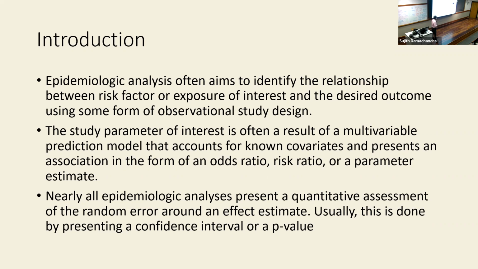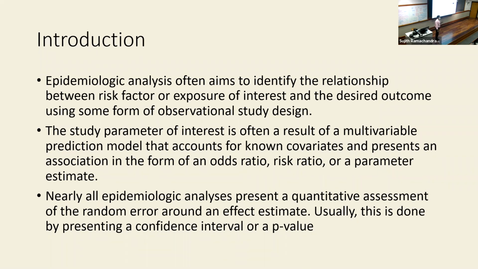When we do these studies, we often present the results of our associations in terms of an effect estimate, things such as an odds ratio, a risk ratio, or a parameter estimate, usually from a multivariable regression model of some sort. So you can say, hey, I controlled for several other variables, and then I found that the relationship between this variable of interest and this variable of interest is this much, and so on and so forth.